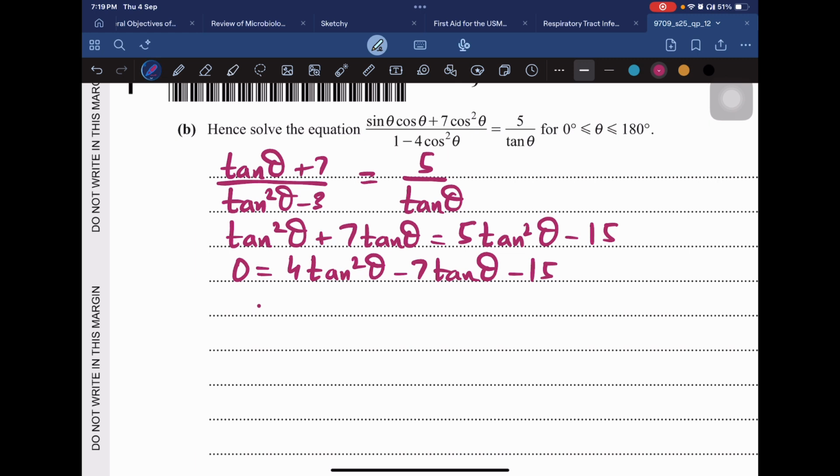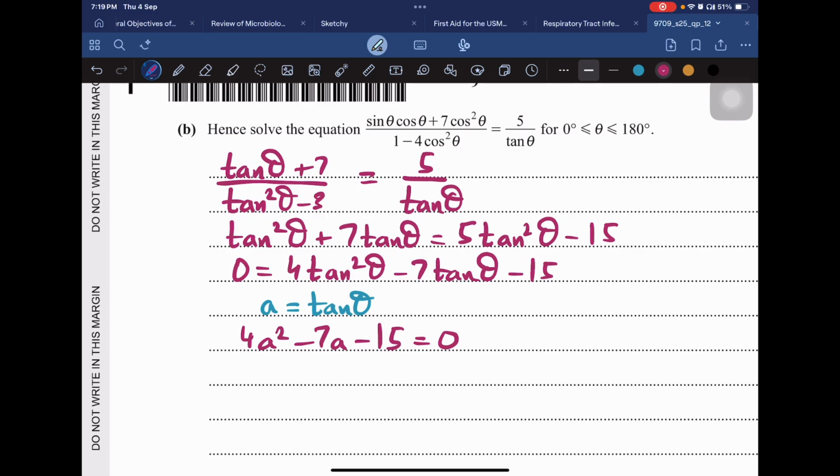Let's substitute. Let's have a equals tan theta to simplify it. So we have 4a square minus 7a minus 15 equals 0.